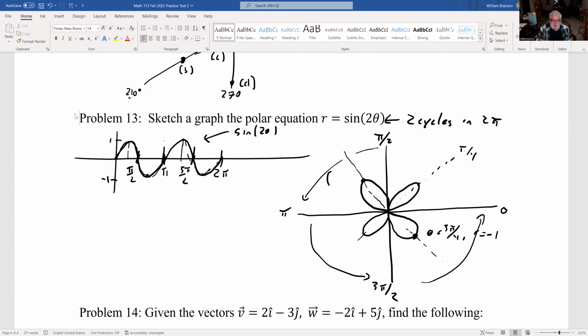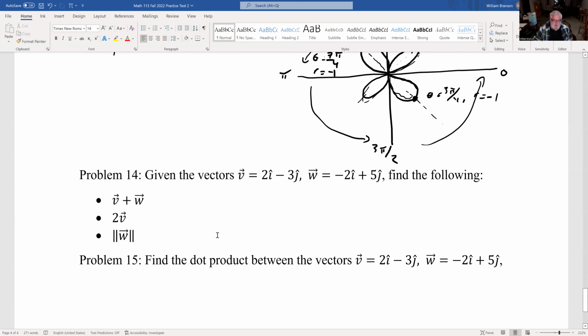And this point is theta equals 7 pi over 4, right? So 7 pi over 4 is there, but r equals -1. So instead of plotting 7 pi over 4 here, we actually plot it out there. So this part of the sine 2 theta graph is this part of the polar graph. This part is this part, and then this part, and this part of the last two.